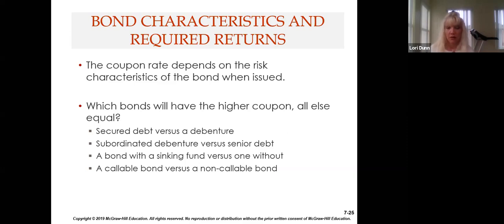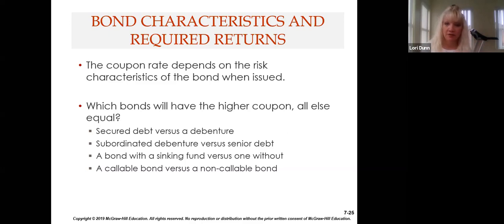So what's the other alternative? The corporation doesn't save up, and hopefully they have the money to pay off the bond when it matures. So a bond with a sinking fund, where the corporation is required to save up their money, will have less risk associated with it versus one without. So the coupon rates will be different.